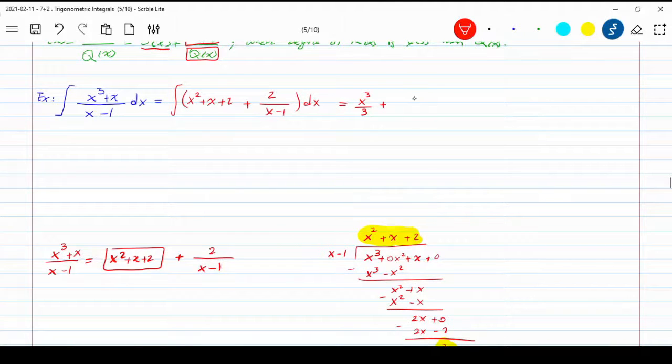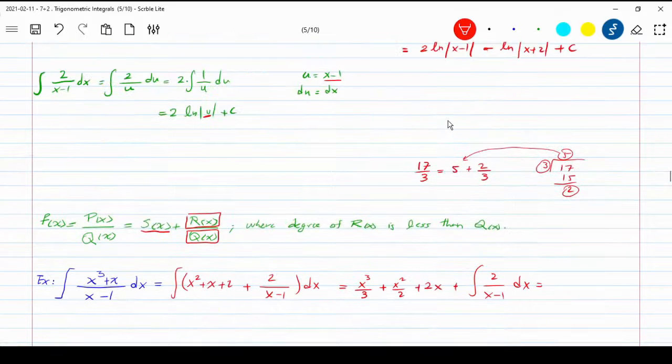The integral of x is x squared over 2, and the integral of 2 is simply 2x. For the rest, I'll have the integral of 2 divided by x minus 1 dx, but we already calculated that in the last example.